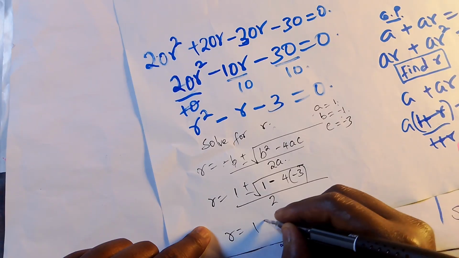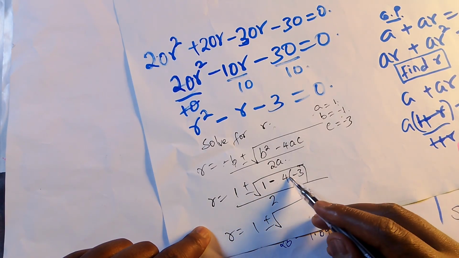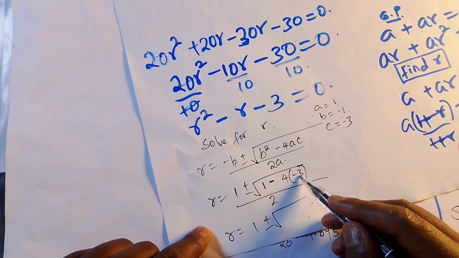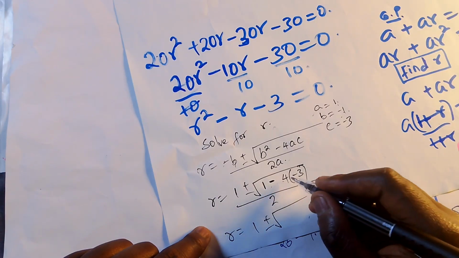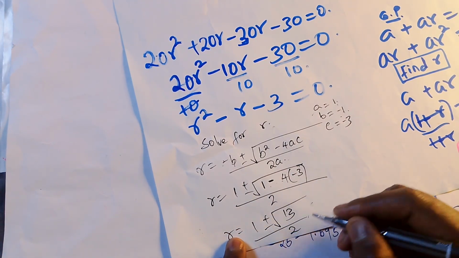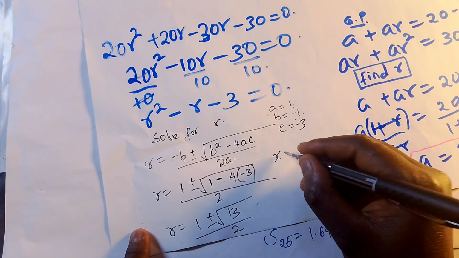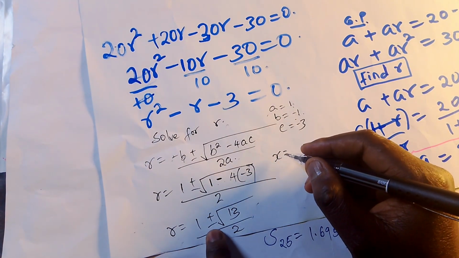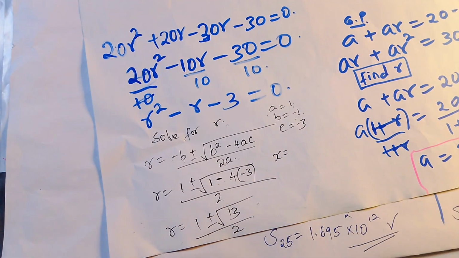So -4 times -3 is 12, and 12 plus 1 is 13. Divided by 2, our r will be equal to 1 plus or minus the square root of 13.